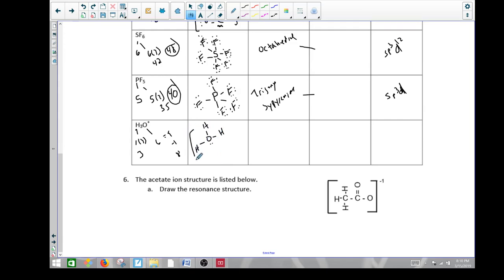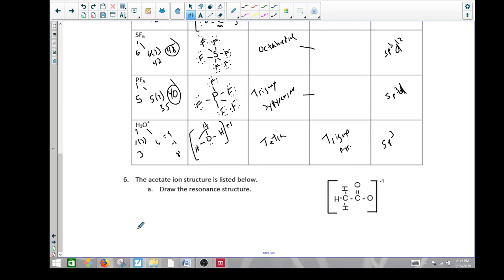In this case, I have a bracket with a positive 1 charge. 4 domains off the center, so that's tetrahedral for all my domains. This is going to be trigonal pyramidal, and therefore sp3.